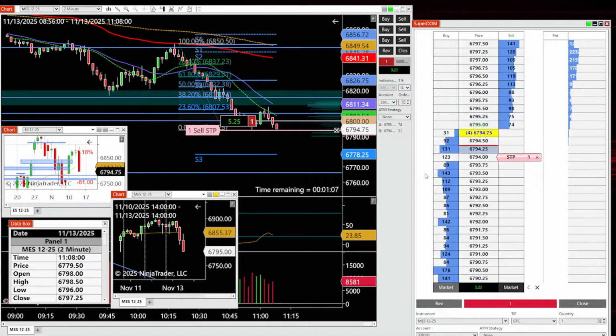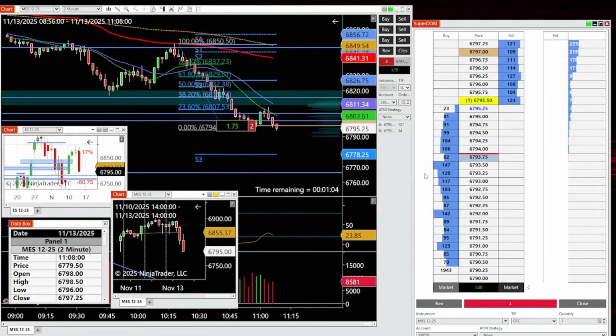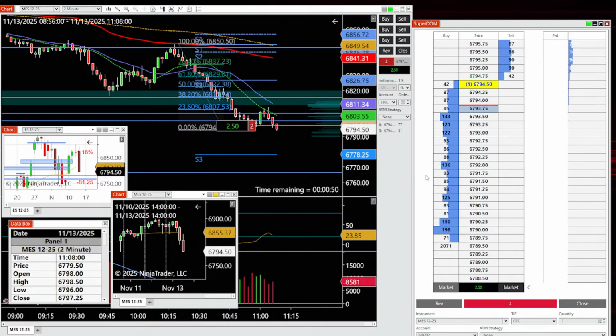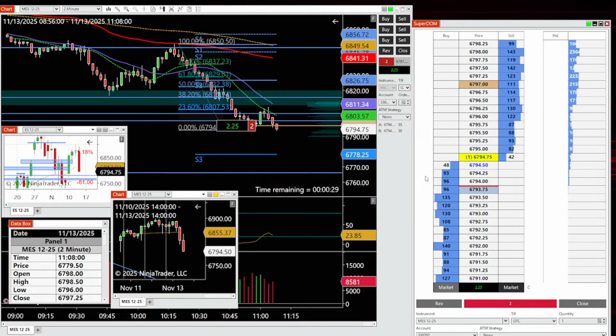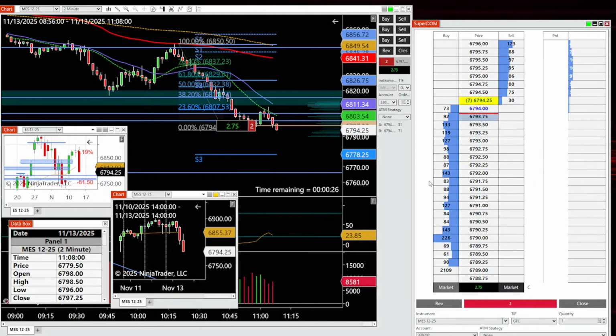Okay, here we go. Order filled. Let's see what happens here. Let's see if we keep going. Trying to get a trade here. If we break, look, it's trying to break.